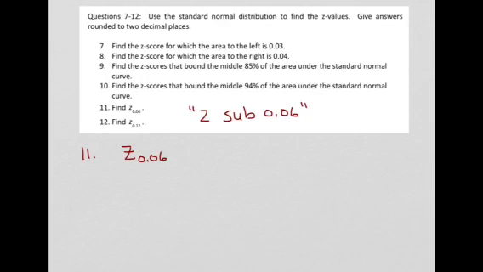And what this means is the z-score, which has an area of 0.06 to the right. So if I draw my sketch and I mark off 6%, so I'm looking for this z-score. Obviously it's positive because it's on the right-hand side of the mean.